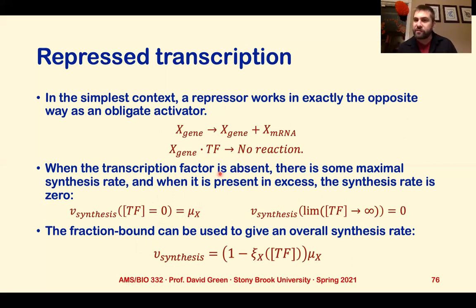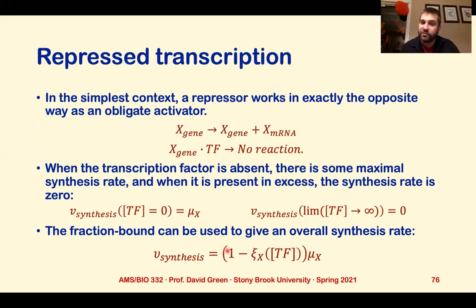How do you get from a fraction bound to a fraction unbound? You simply subtract from 1. Right? If the gene is bound sort of 75% of the time, then it must be unbound 25% of the time. If the transcription factor binding site is occupied 30% of the time, it must be unoccupied 70% of the time.